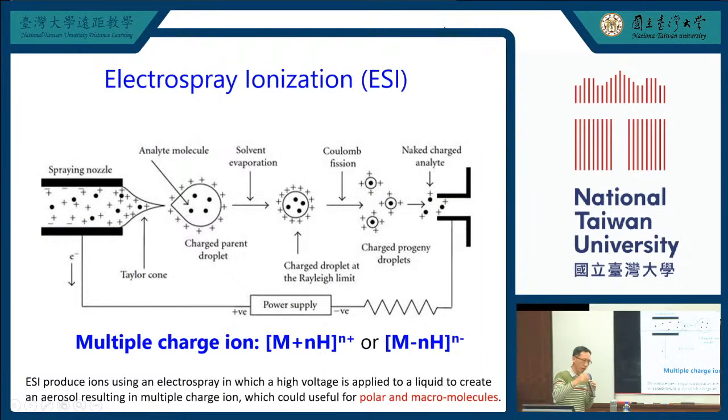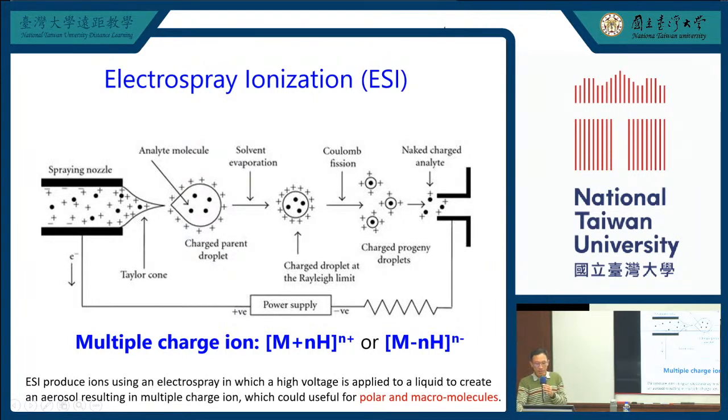For laser ionization, they use the gas phase or solid phase, and they all have a positive charge, right? But if our target compound is not easy to gain a proton and is easy to lose a proton, how can we do that? Electrospray ionization can be used.